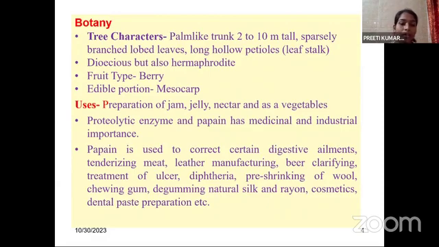Papain is used to correct certain digestive ailments, tenderizing meat, leather manufacturing, beer clarifying, treatment of ulcers, and many other medicinal uses, as written in the PPT. Chewing gum is also made from it, and papain is also used in dental paste preparation.